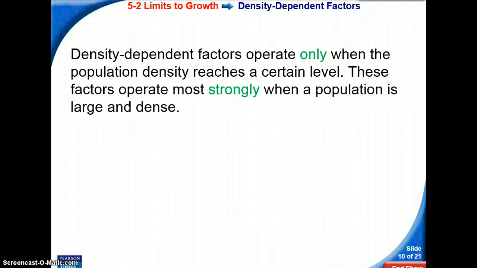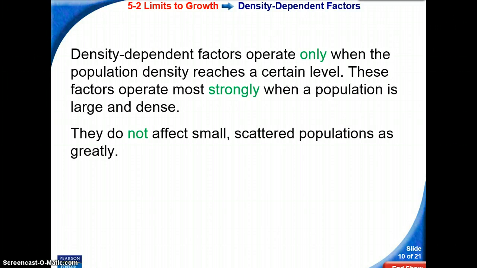These factors operate most strongly when a population is large and dense. So a very high population and a lot of an organism that's stuffed into a certain area. They do not affect small scattered populations as greatly. So if there's a lot of resources out there, there's going to be less need for competition.